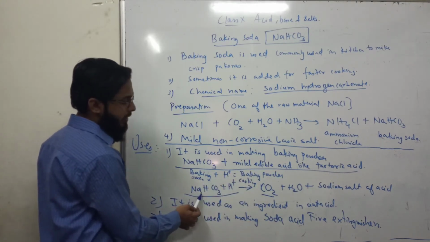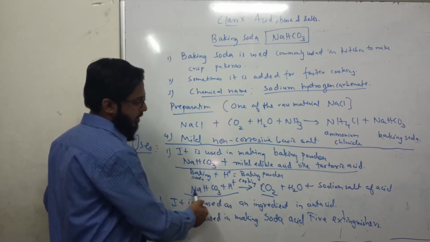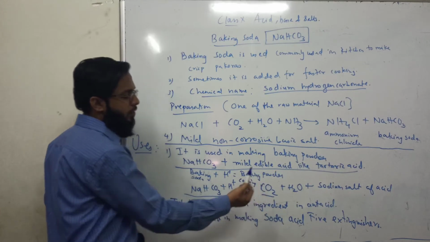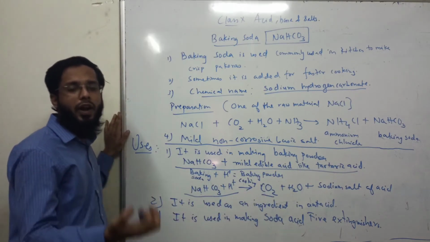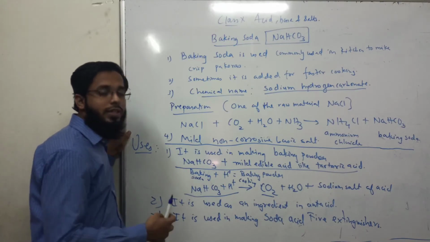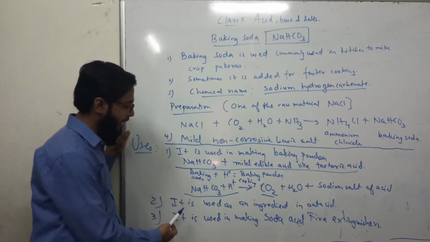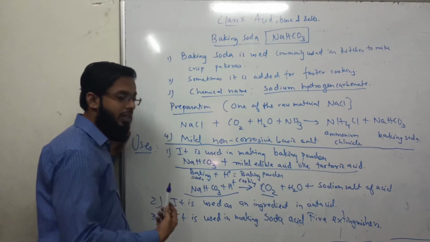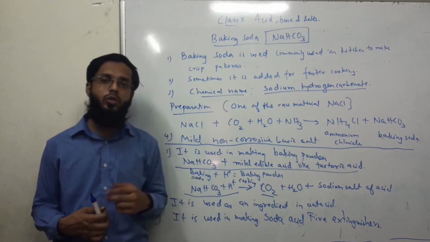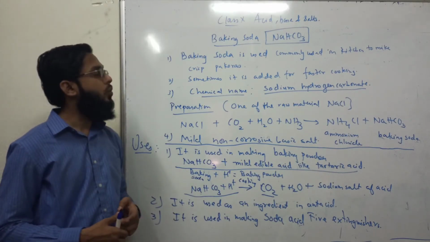During cooking, this mixture of baking soda and acid releases carbon dioxide, which makes the bread or cake rise, soft and spongy. It is also used as an ingredient in antacid medicine, as it is basic in nature and neutralizes the effect of acid, and it is used in making soda acid fire extinguishers. So this was about baking soda.